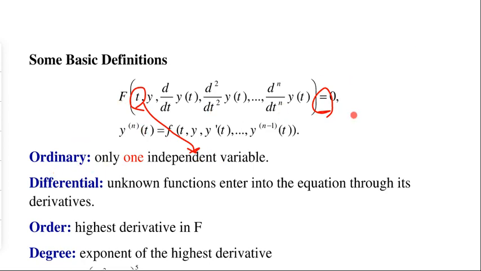We have an equation, we have just one independent variable, so our equation is ordinary. Our equation is a differential equation because we have some derivatives in our equation. So here we have an ordinary differential equation.